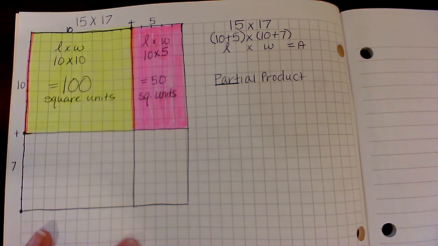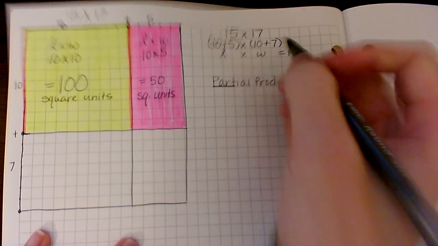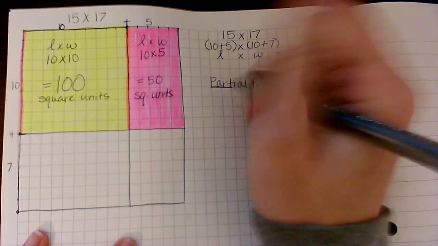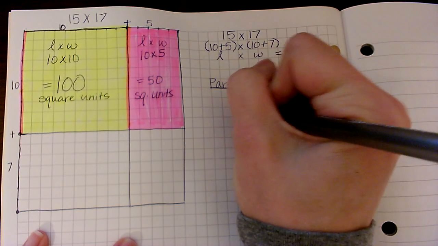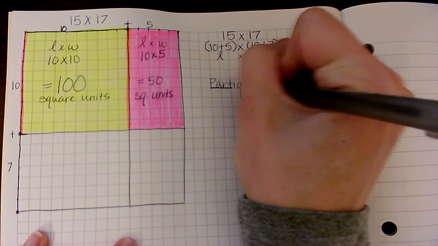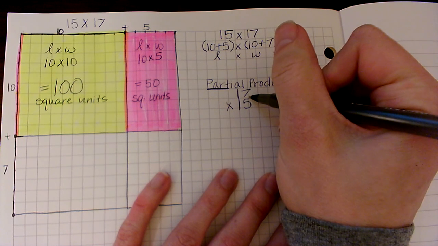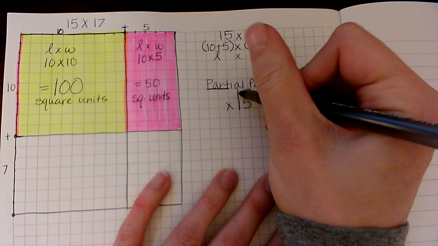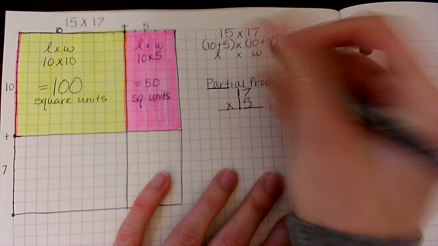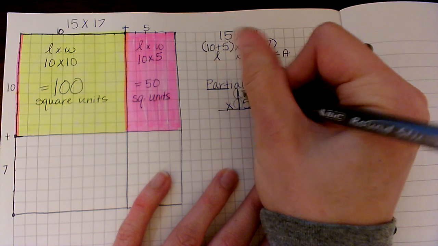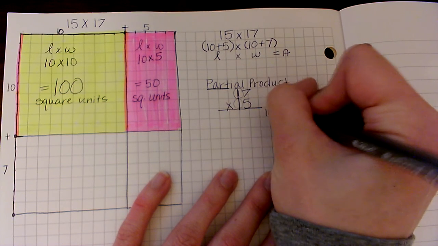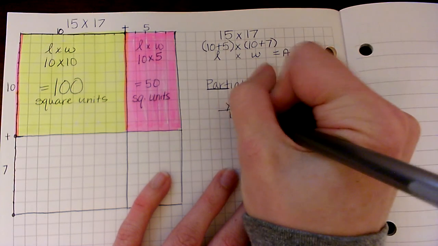Okay, so far what I have in my partial products, if I'm doing 15 times 17, is part of this. So I've done the 10 times the 10, which is 100.